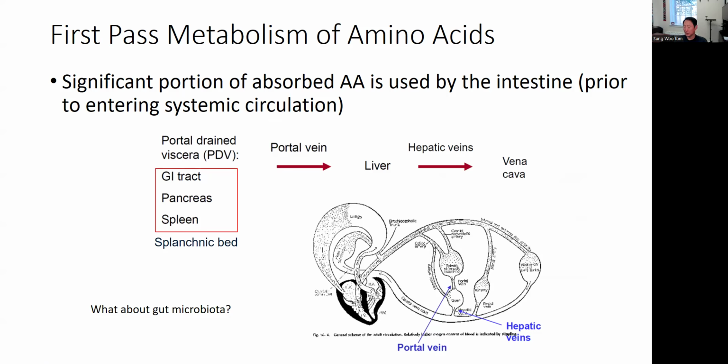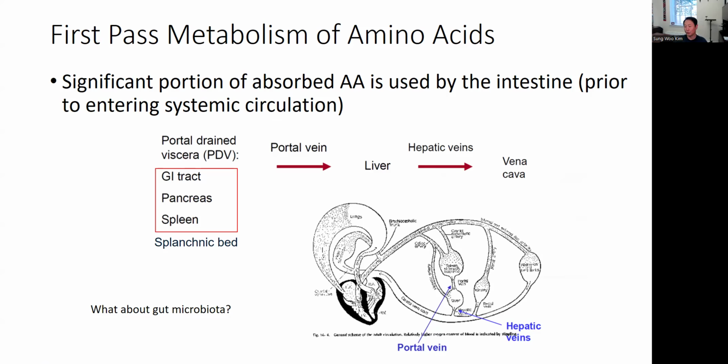So some nutrients, once they are absorbed, will be used by or disappear in the intestine, pancreas and spleen, even before they reach the systemic circulation. It is reasonable to say that the intestine has a lot of living cells and immune cells as well.